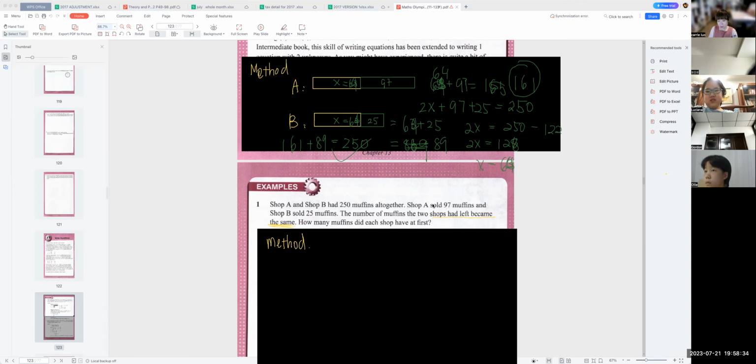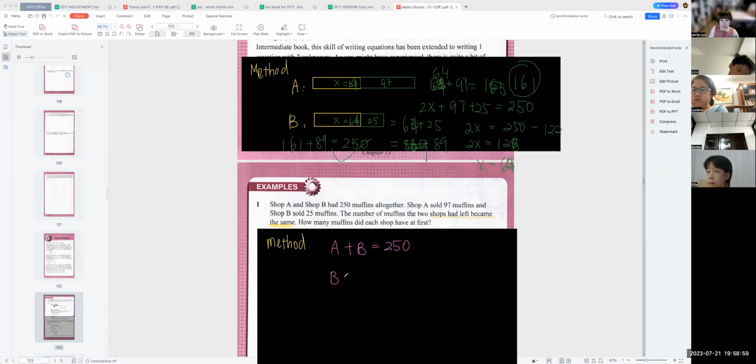Okay, so for shop A, we don't know how many muffins it has, but I just say A, and shop B has B. So at the beginning, shop A and shop B had 250 muffins together, correct? And after shop A sold 97 and shop B sold 25, the number of muffins the two shops left has become the same.